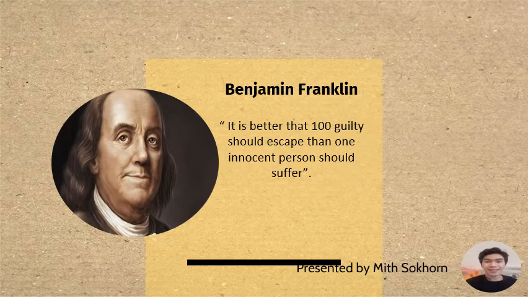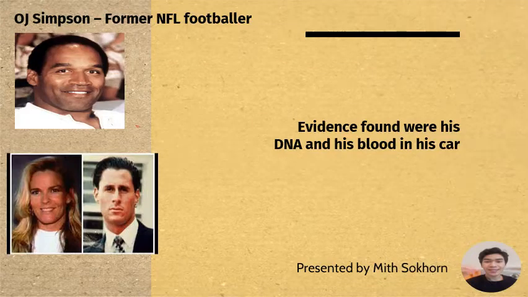To make it easy to understand, I will bring one example from reality. It was the trial of O.J. Simpson. The story is that O.J. Simpson was accused of the murder of his ex-wife, Nicole Brown Simpson, and her friend, Ron Goldman. After the murder, the investigators found a lot of evidence against Simpson, including his DNA and his blood in his car.